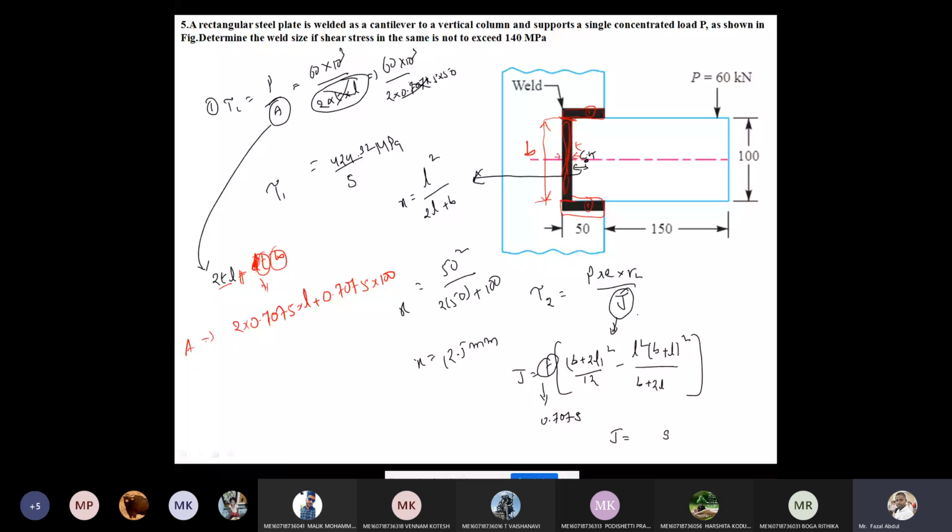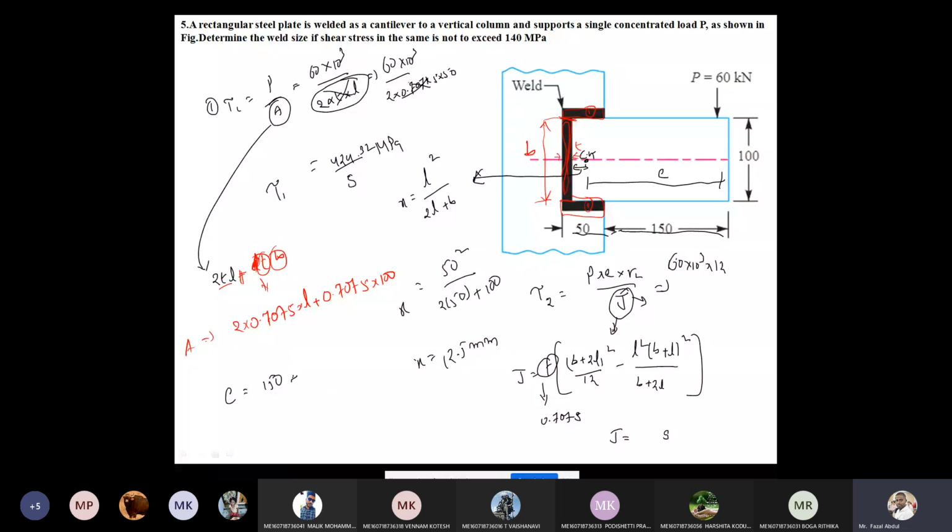P is 16 into 10 to the power of 3. Eccentricity is given as 150. Eccentricity means the distance from the load applied to the centroid. This is the E value. To get the E value, see here: from here to here 150, and here to here 50.